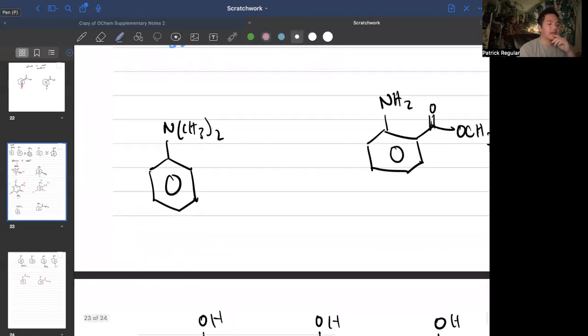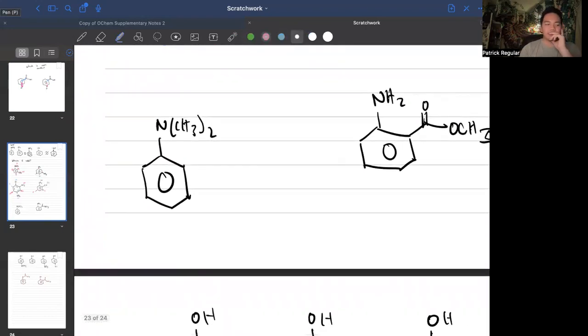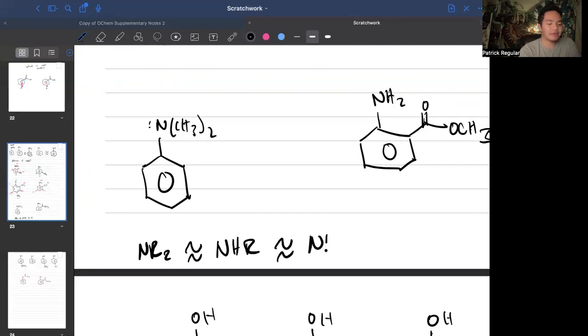Let's look over here. All right, N(CH3)2. All right, this is a lot similar to one of your problem sets. NR2 is kind of similar to NH2 or NHR, also similar to NH2 as substituents.